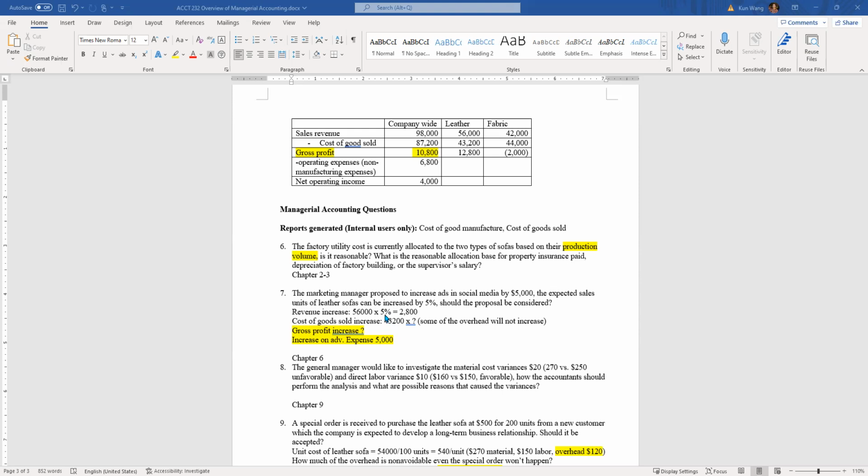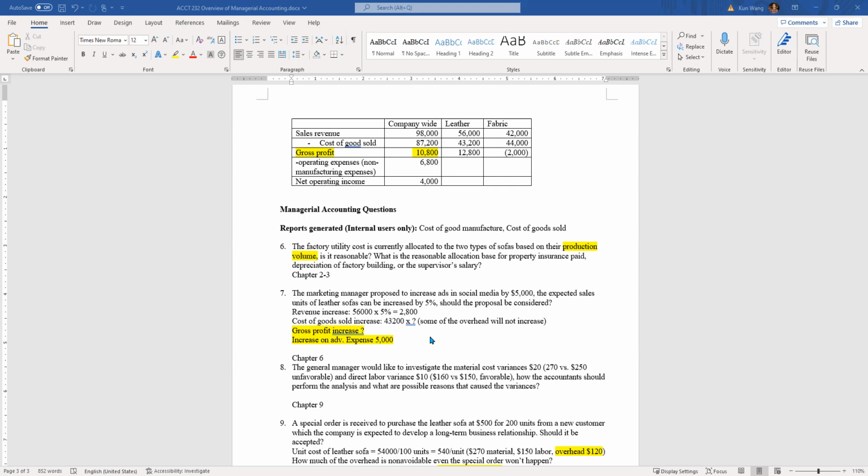But not all of the overhead will increase proportionally by 5%, especially the fixed overhead, such as your rental expenses and depreciation of the equipment. No matter the sales volume, this part of the overhead will stay the same in this range, meaning it won't increase with your sales volume.